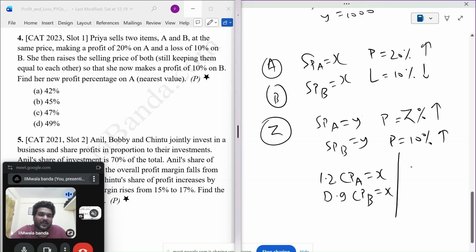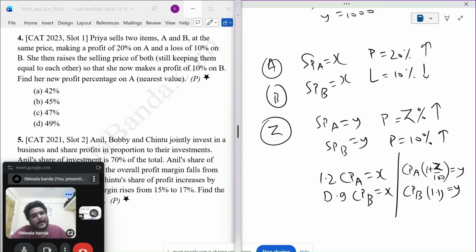And in the second case, cost price of A into 1 plus Z by 100, not 2, this is Z, is the selling price, and cost price of B into 1.1 or 1.10 is the selling price of B.